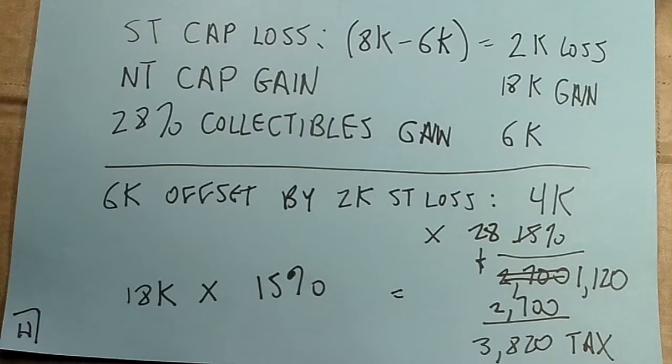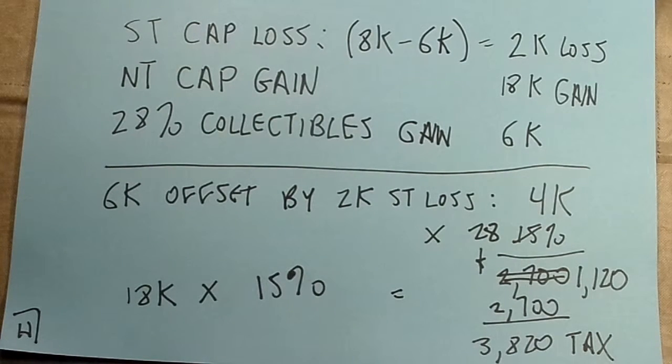Then the $18,000 long-term capital gain is taxed at a 15% rate. Because Billy Boy was in the 28% rate, if you remember that slide a few slides back that said your regular rate's 28, so your long-term rate's 15%, he actually winds up paying $2,700 on the long-term capital gain, 18,000 times 15%.